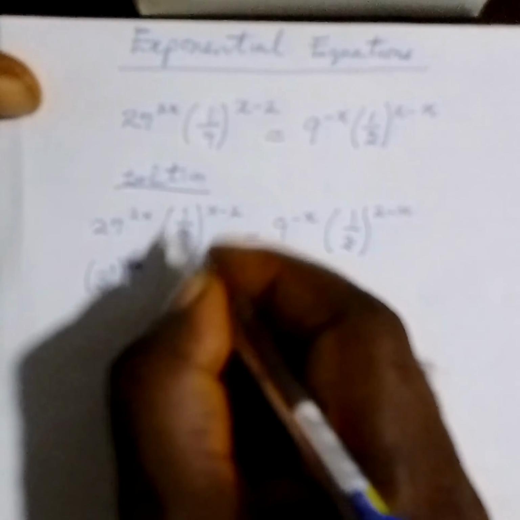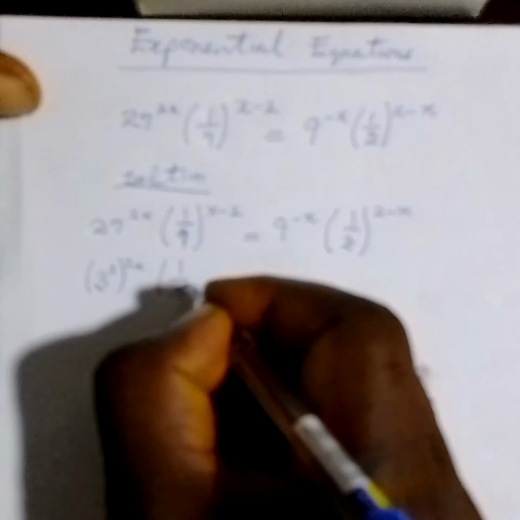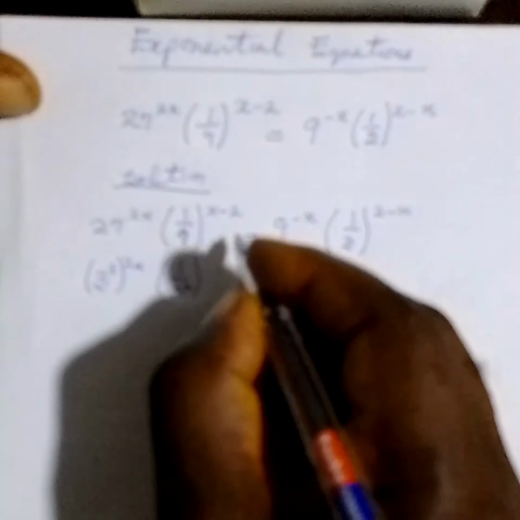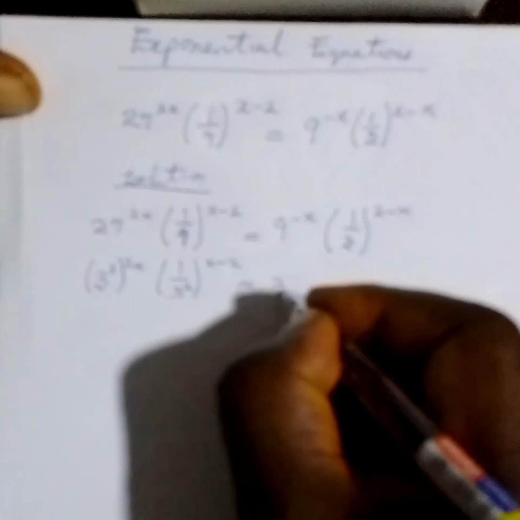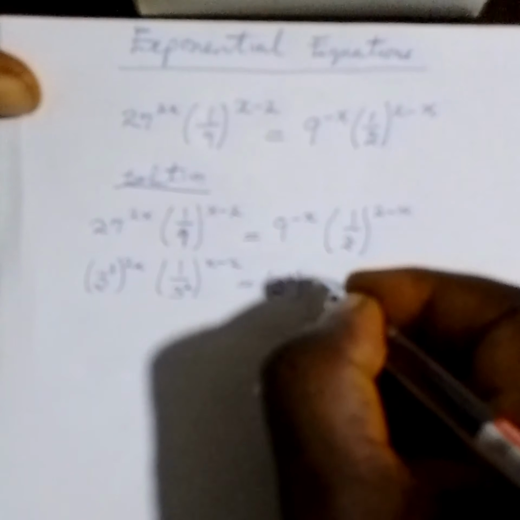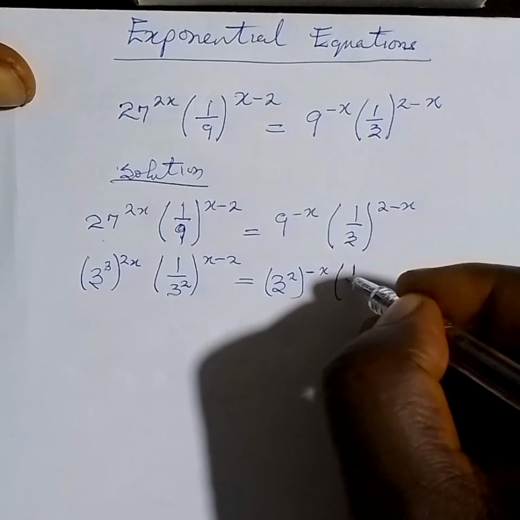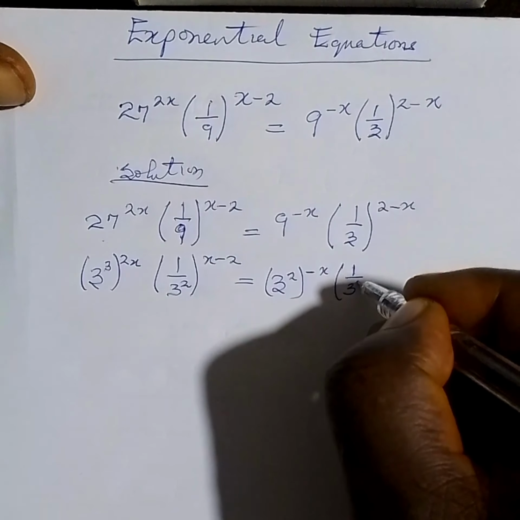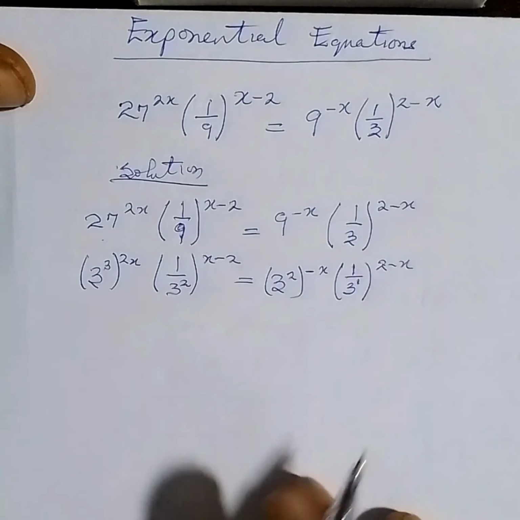Then we write 1 over 9 as 1 over 3 to the power of 2, to the power of x minus 2, equal to 9, which gives 3 to the power of 2, all to the power of minus x, and then 1 over 3 to the power of 1, all to the power of 2 minus x.